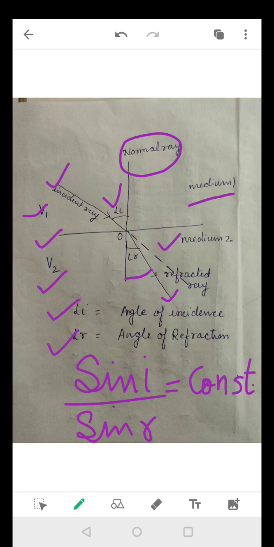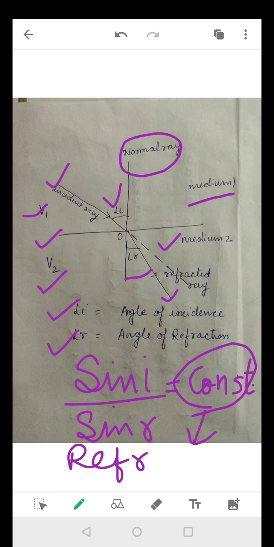And this constant is called the refractive index. Clear? So we'll talk about how to calculate this refractive index.